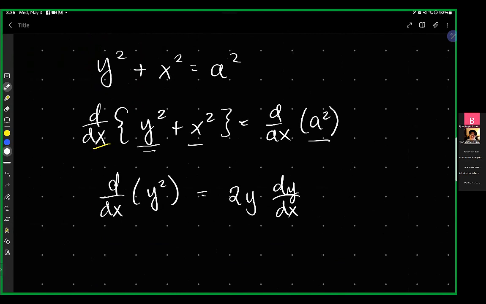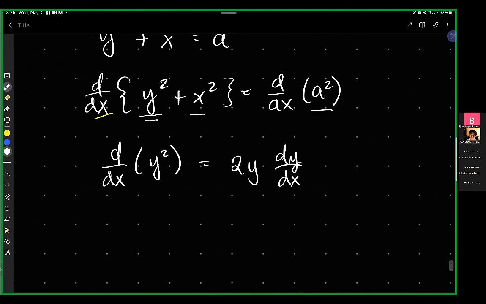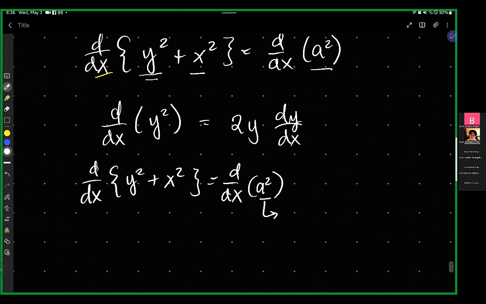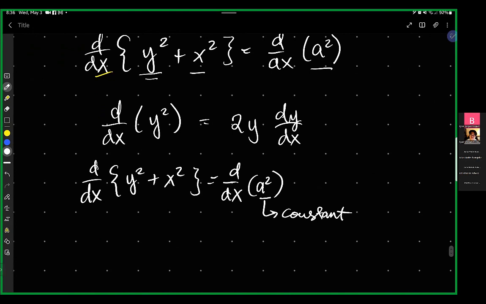when you're looking for dy dx, for example, in this case, let's just continue solving for this one. So ddx of y squared plus x squared equals ddx of a squared. We know that a is a constant. Diba? Sinasabi natin lagi yan na gumagamit tayo ng a, b, c is usually as a constant.